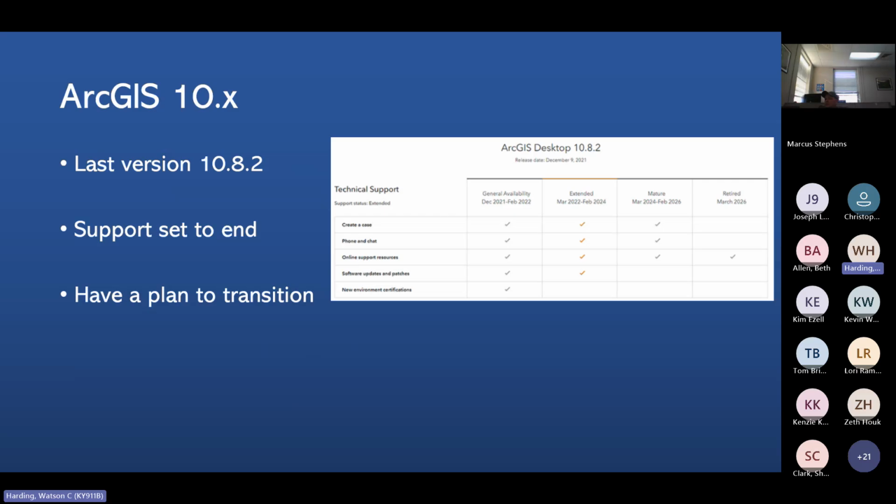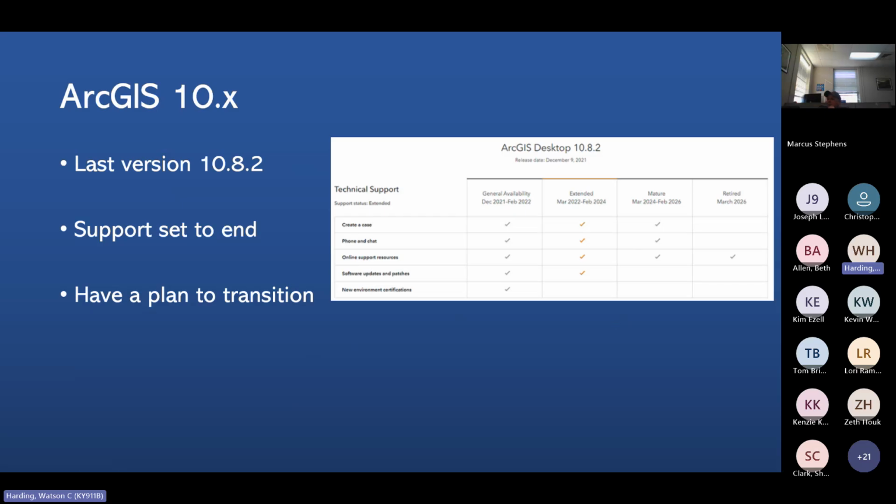So with ArcGIS, there's currently two environments out there. There's the 10.x. I think I have 10.7. There's a wide range of numbers on that, but the important thing is the last supported version is 10.8.2, and that is in mature support currently and appears to be planned to retire in 2026.